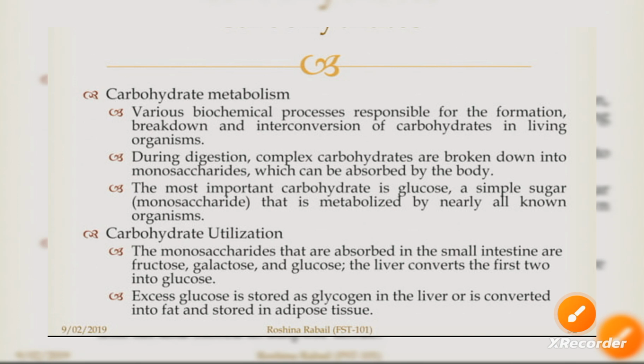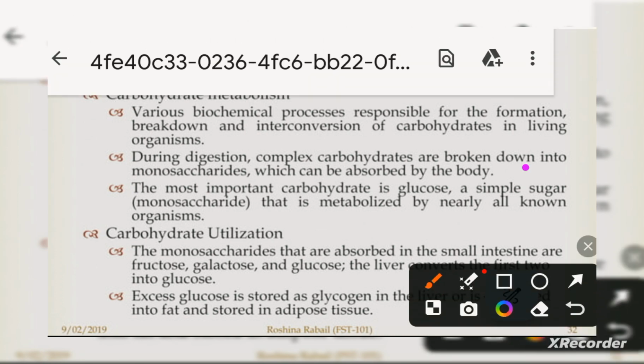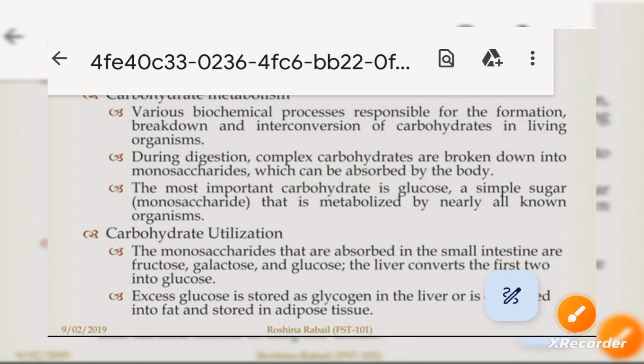During digestion, complex carbohydrate is broken down to monosaccharide, which can be absorbed by the body. This is the important point: only this is fed to the brain, because of protein, fat and carbohydrate, only glucose, the monosaccharide form, is absorbed in our body.